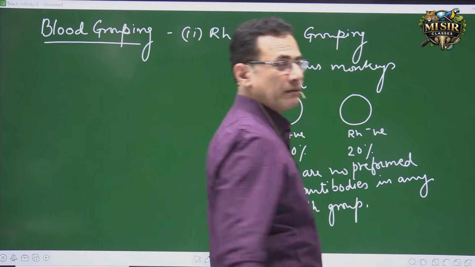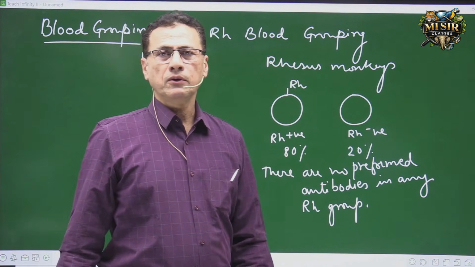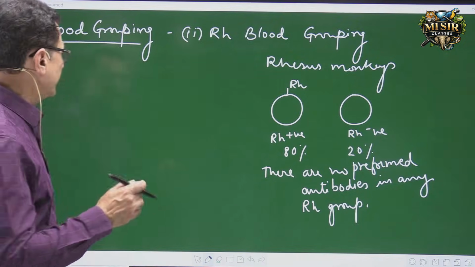What does it mean? It means that if a person is RH positive or RH negative, there are no preformed antibodies present in his blood plasma. Now, the RH blood group is also inherited in a Mendelian fashion.